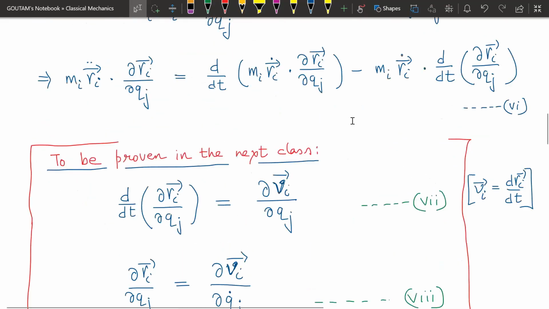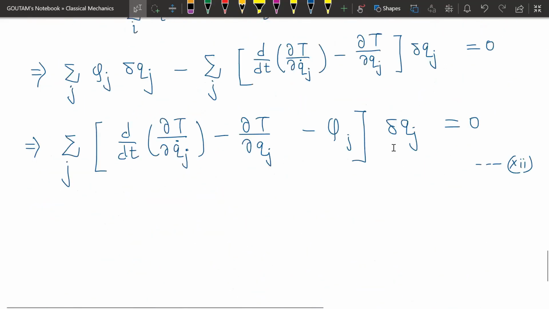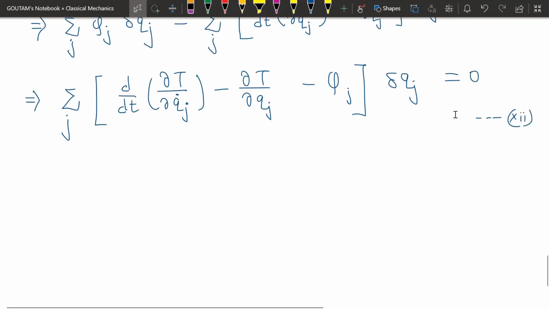But now look at equation 12. Here the delta qj's are linearly independent, because the qj's are generalized coordinates. They are the minimum number of coordinates required to describe the system, and they are independent. So the coefficient of each delta qj will be individually 0 for each j.